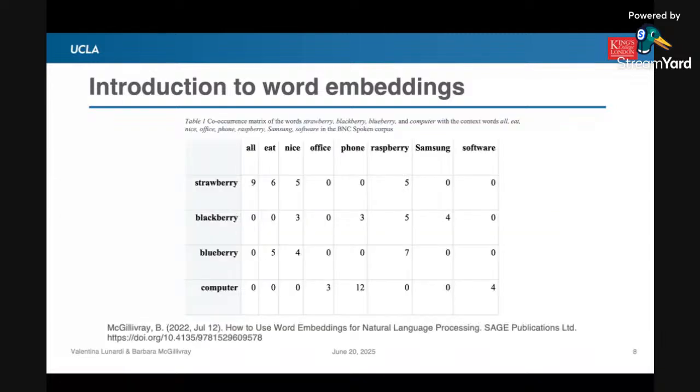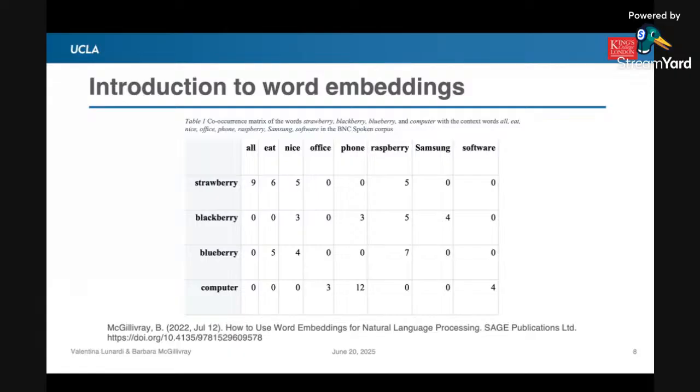And here is a very trivial example provided by Barbara, where we're basically trying to find vectors for four words: strawberry, blackberry, blueberry, and computer. And how do we do that? Well, originally in the very early count vector models, and the most useful for examples, we would count the co-occurrences of each of these words with the other words in whatever sentence or text you're looking at.